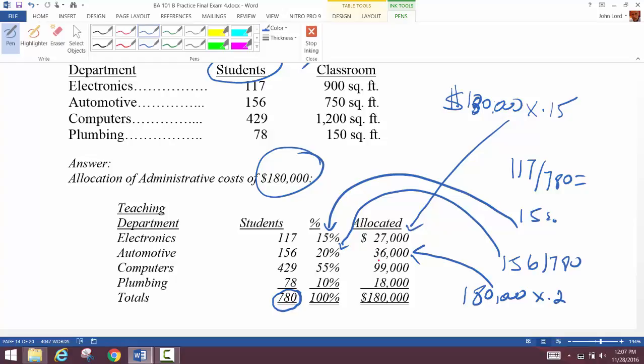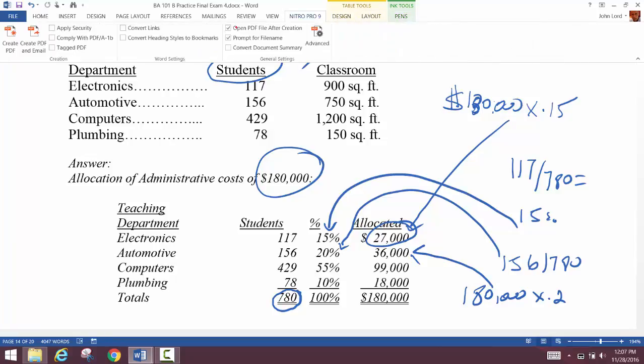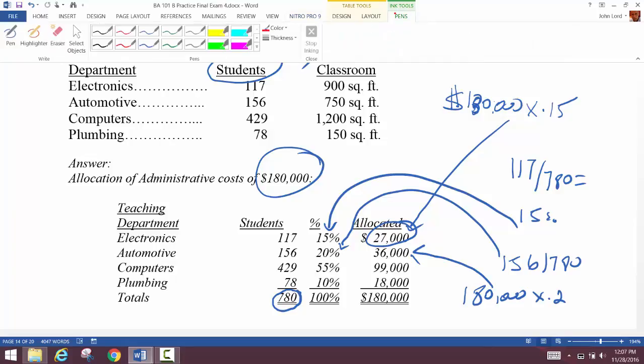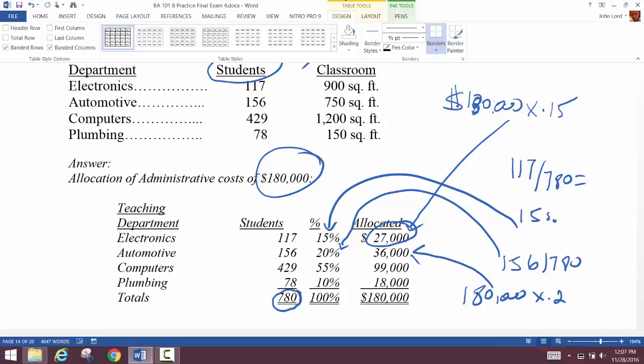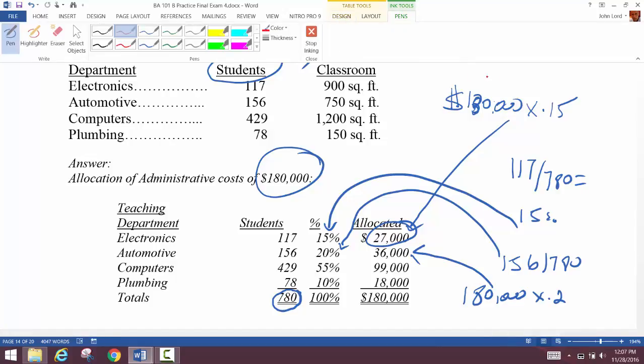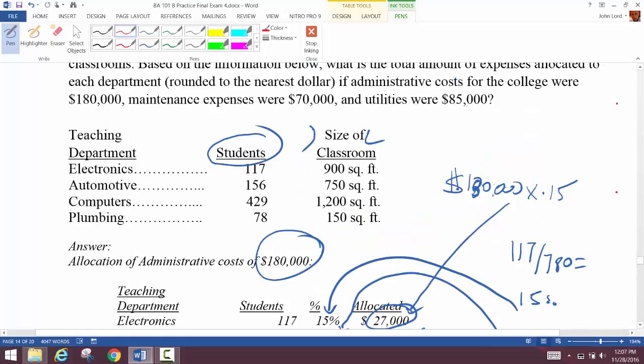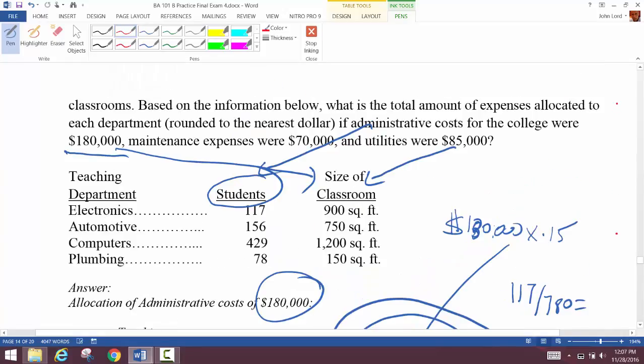So far we've got what? 27,000, don't we? But you then have to realize that to get the total for the electronics, now I've got to pick up the maintenance and the utilities, which are based on size of classroom.